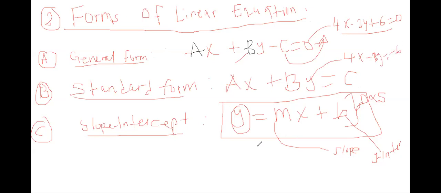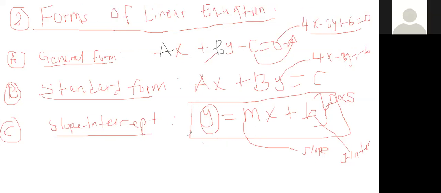But we can also have it in this way, like here, y equals to, let's say, 2x minus 4. So this is slope-intercept form.